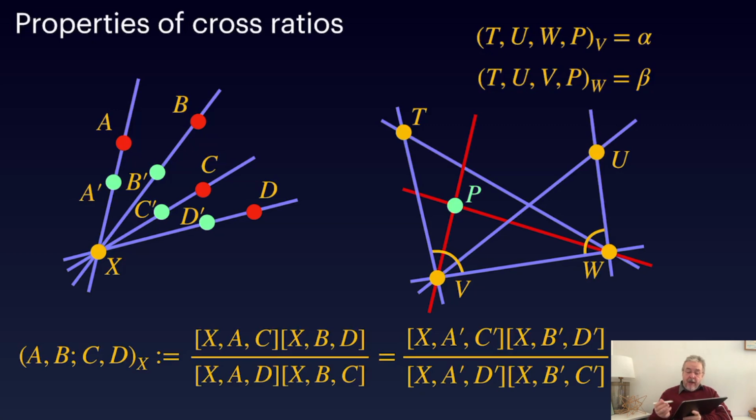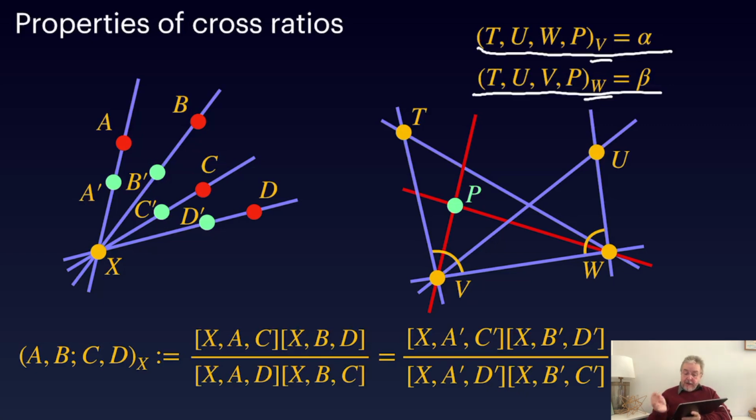If we know a little bit of cross ratio information about that point P, we can uniquely reconstruct its position. So assume we are given this cross ratio here, which is essentially all 4 points seen from point V, and this cross ratio here, which is essentially all points seen from point W.